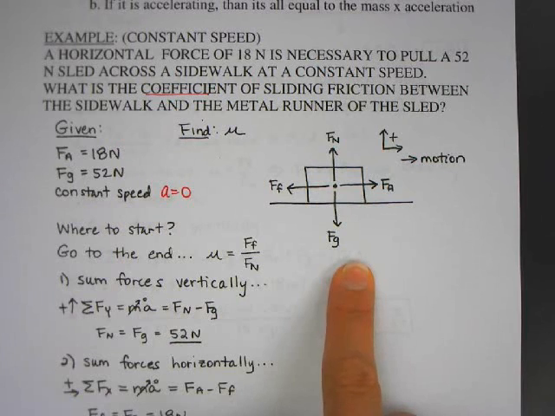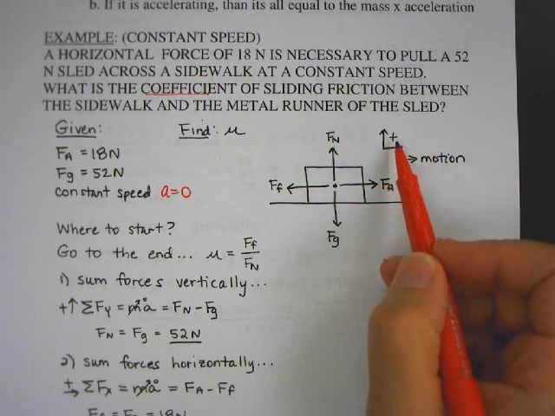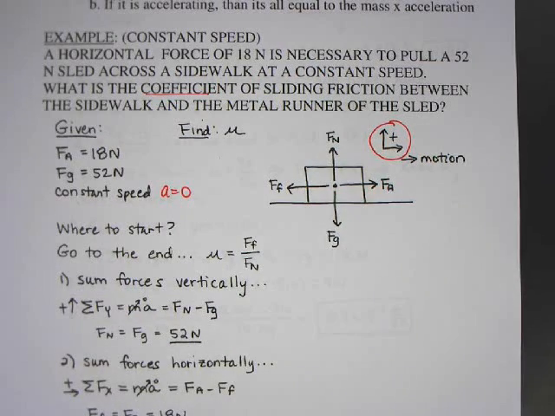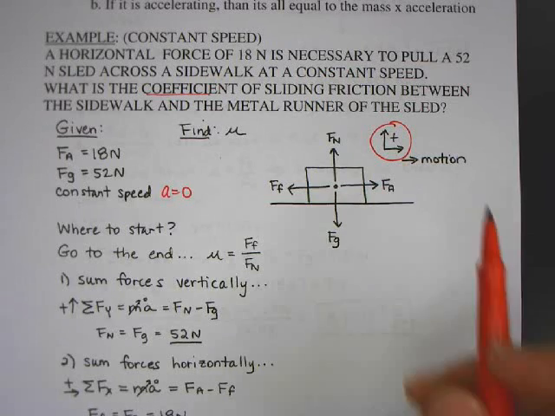Now, first of all, whenever I draw my free body diagram, how do I know which way the sled is going? Is the sled going to the right? Is the sled going to the left? I don't know. So I'm just going to arbitrarily choose a direction. Because we're going to be using the standard Cartesian sign convention that up and to the right is positive, I'm going to make right positive and I'll make left negative.